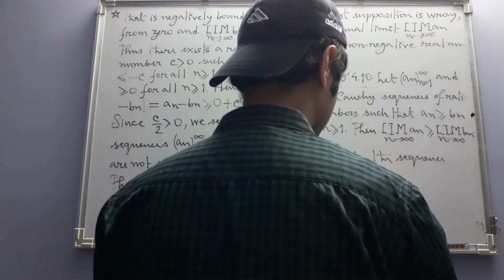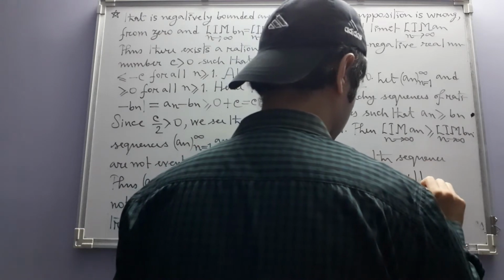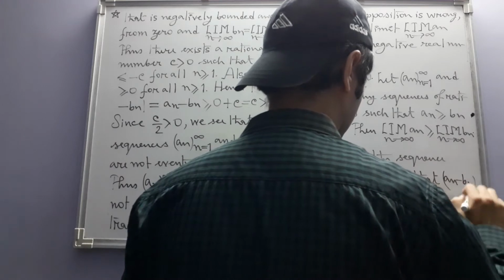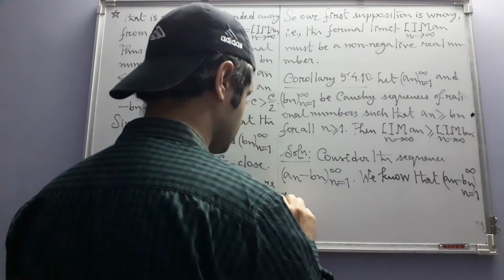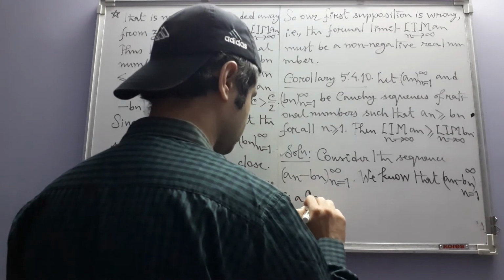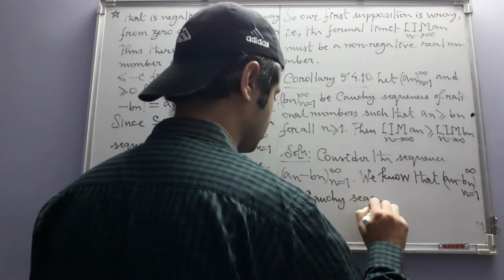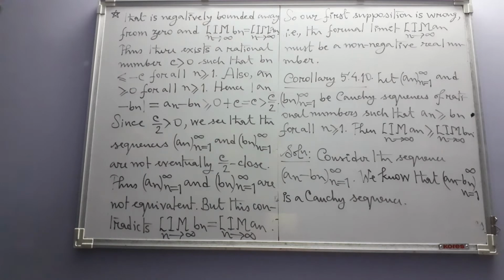We know that an minus bn is a Cauchy sequence. Okay.